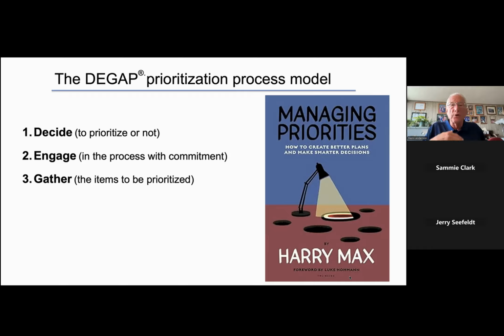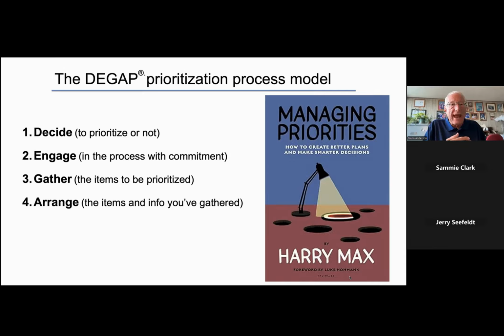When you're going through a prioritization process like I'm describing here, you might think you're only prioritizing tasks or projects or a to-do list, and certainly you are. But you might also be prioritizing people or locations or products or services. And so all those things kind of get lumped together in this model and they're referred to as items.